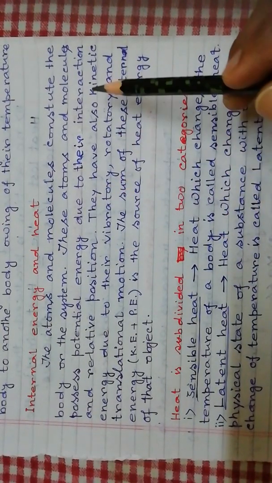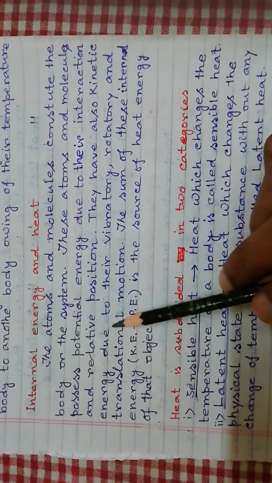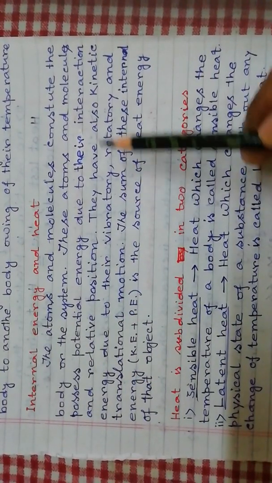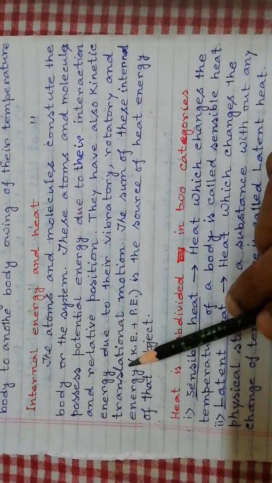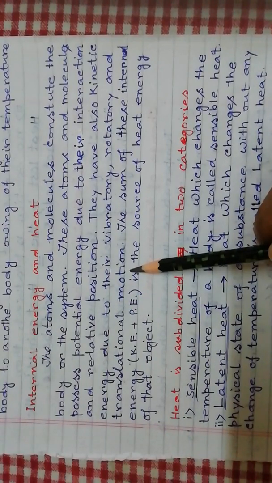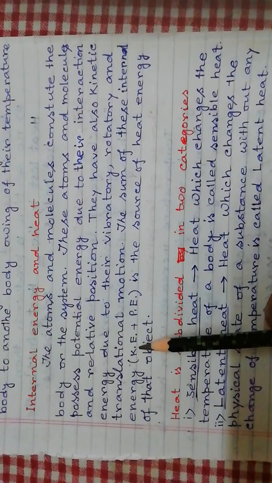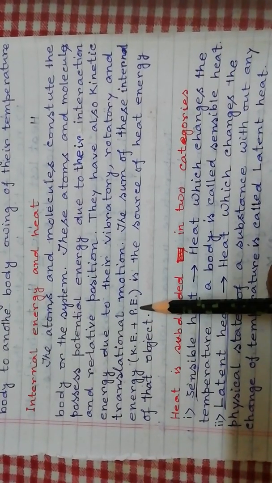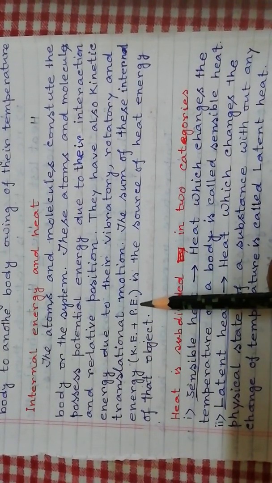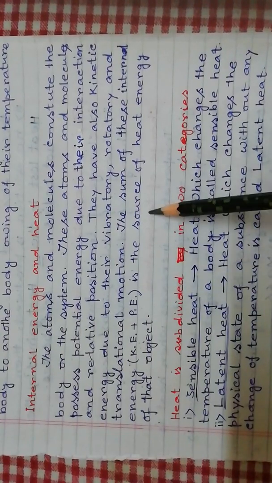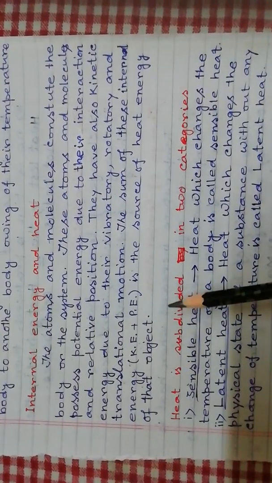They also have kinetic energy due to their vibratory motion, rotatory motion, or translational motion. The sum of these, that means the sum of internal kinetic energy and internal potential energy, is the source of heat energy of that object.